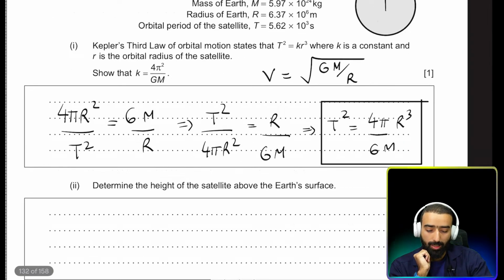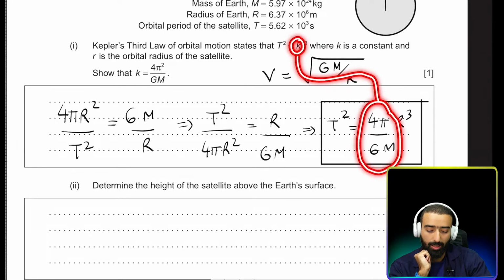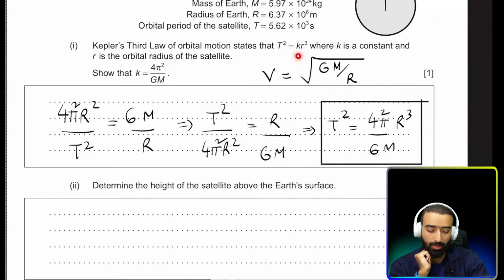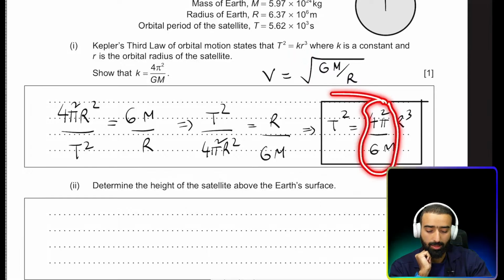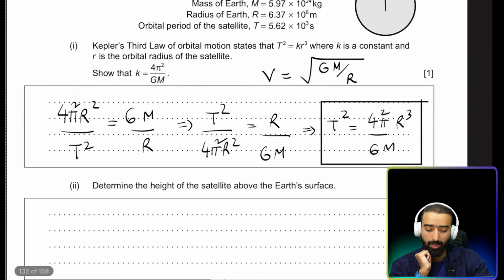And now we can clearly see that this k here is in fact 4 pi squared over GM. I just forgot a square. We just proved that T squared equals kr cubed, where k is this term. And that proves this question.